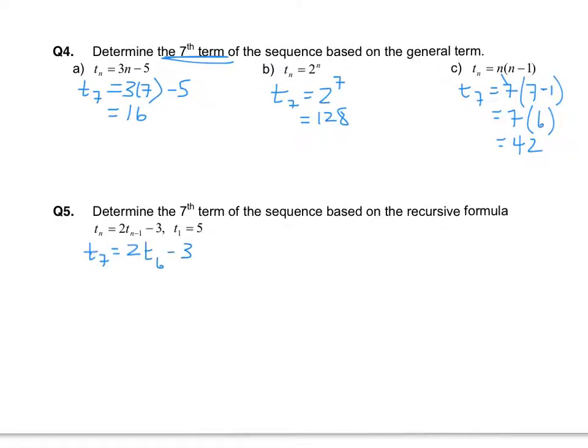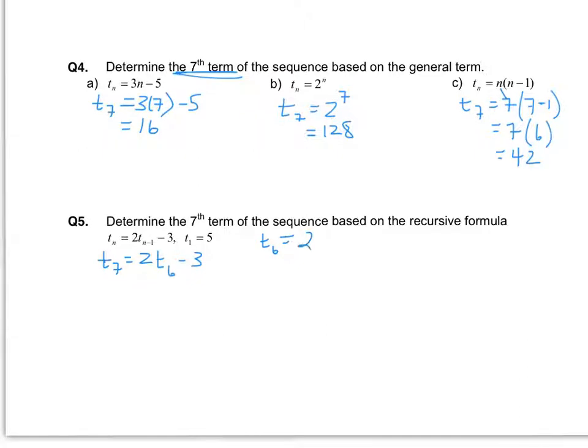But I don't have term 6 yet, so I would have to do term 6 is really equal to 2 times term 5, take away 3. Oh, but I don't have term 5 yet, so I really have to go, term 5 would be equal to 2 times term 4, take away 3. And I don't have term 4 yet, so do you see what I'm saying here? This is a lot of extra work. Recursion sometimes is easier to figure out the formula for, but it's not easier to work with.